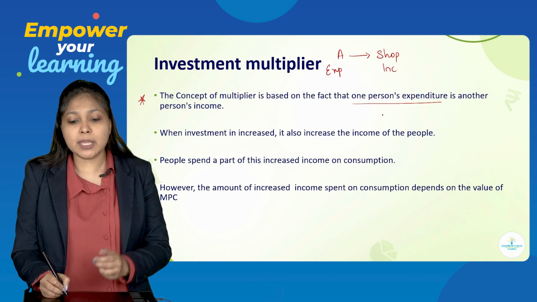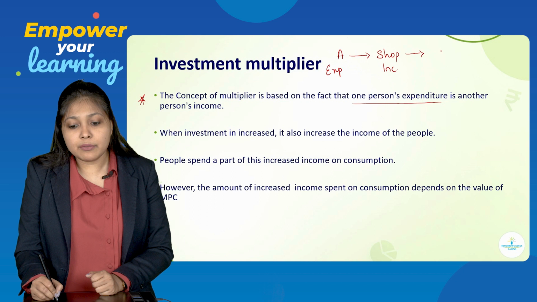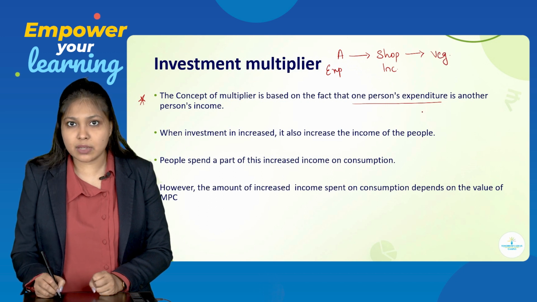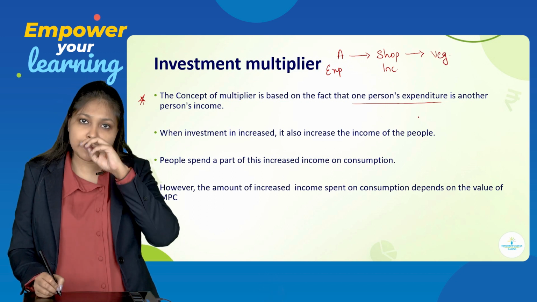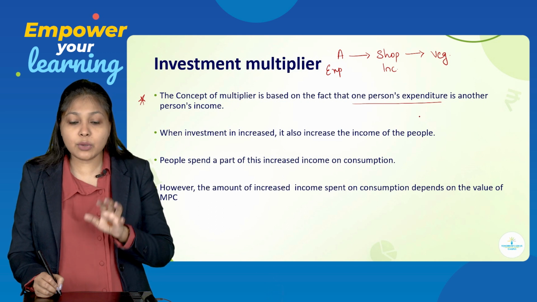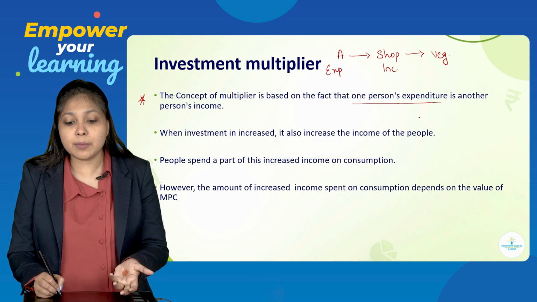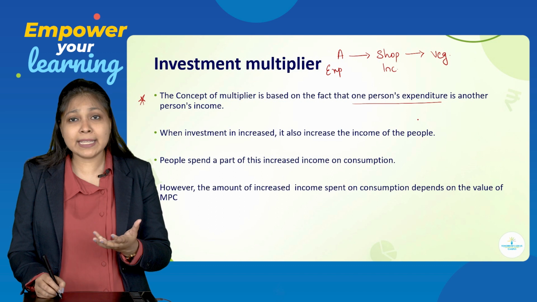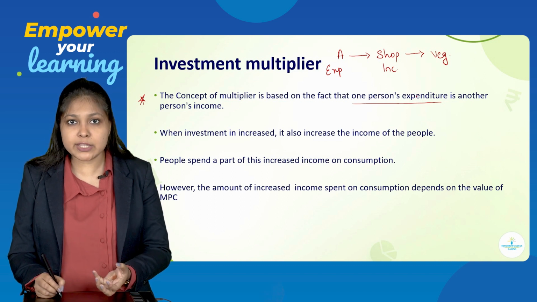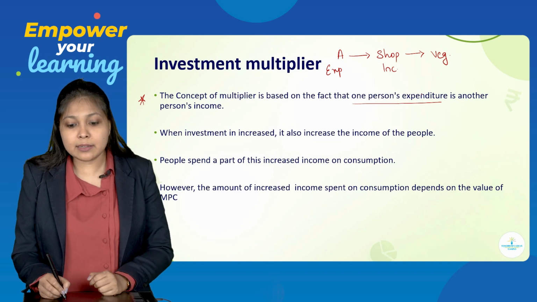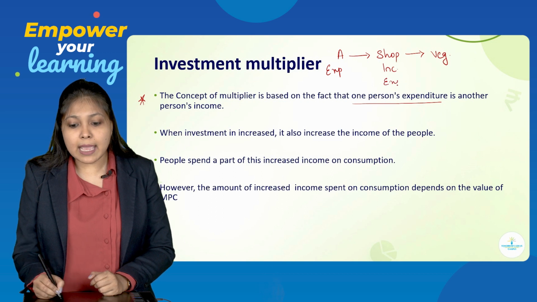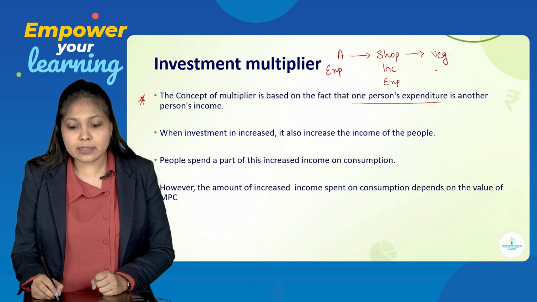Now, this shopkeeper wants to buy vegetables for his house. So when he goes to the vegetable market, he has to pay money for buying the vegetables. When he pays money, it becomes his expense, and for the vegetable shopkeeper, it will be an income.